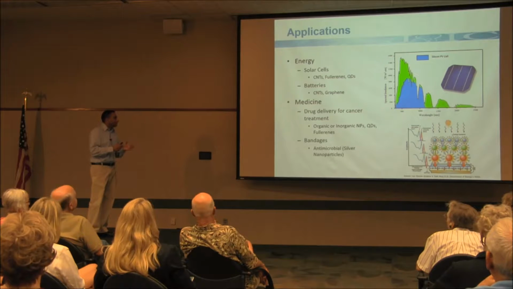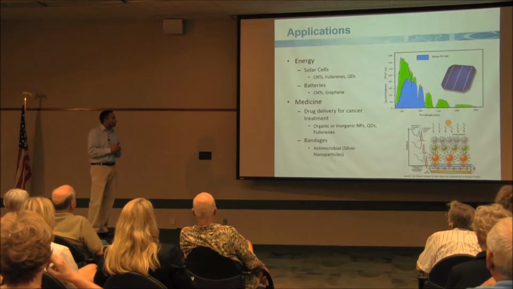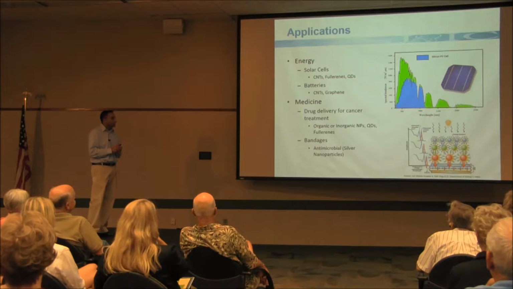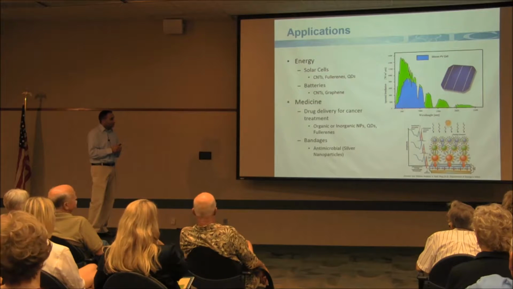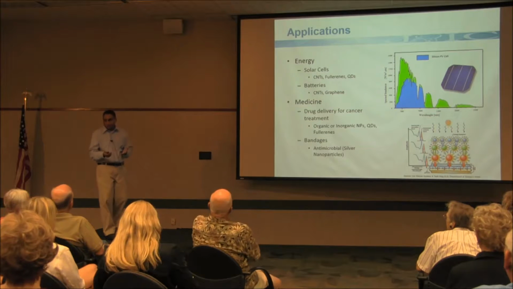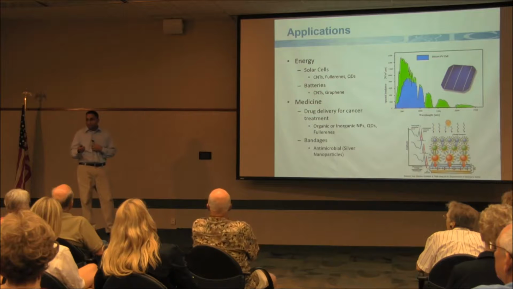Now, what are some of the applications of these nanomaterials? The biggest one where a lot of research is going on is energy. Solar cells: carbon nanotubes, or CNTs for short, fullerenes and quantum dots have all found application in solar cells. Batteries, so imagine fast-charging batteries, batteries that can charge within a few seconds to a few minutes.